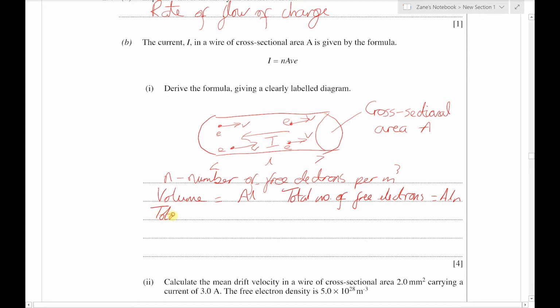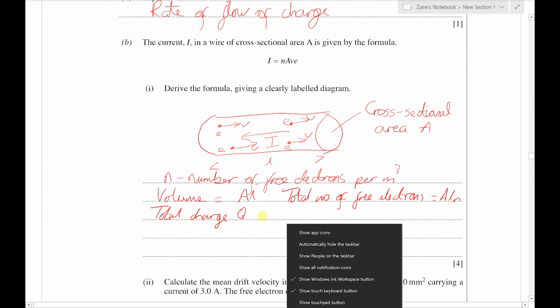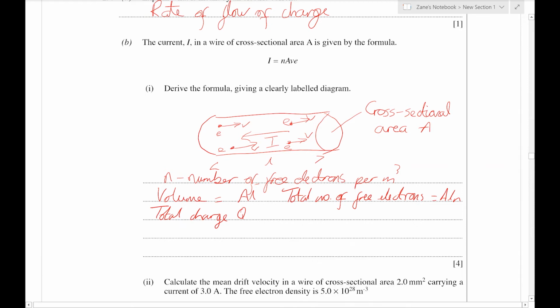So the next step is to say that the total charge Q is going to be the total number of free electrons that we've got, which is ALn, times the charge of each electron.